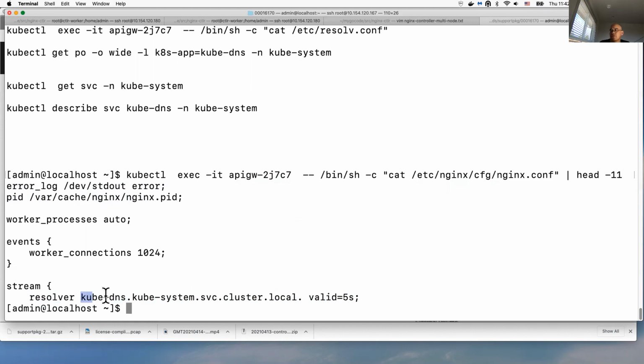So what is kube-dns? It is the default DNS service in a typical Kubernetes cluster system. We can describe this service, kube-dns.